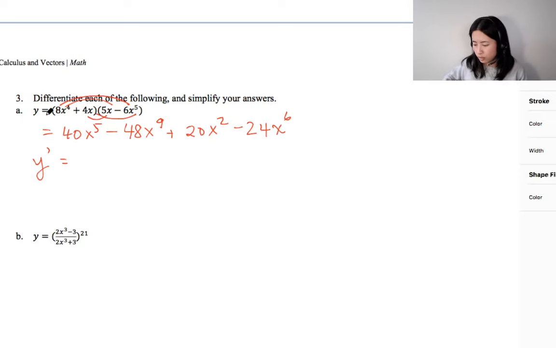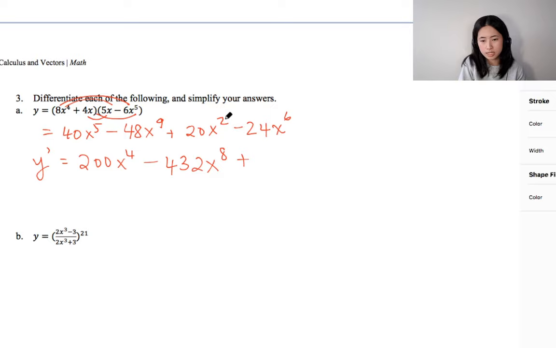Okay, let's go. This is 40 times 5, so that would give us 200x raised to the power of 4. And then you have minus 48, so negative 48 times 9 would give us negative 432x raised to the power of 8. And this is going to be plus 20 times 2, that's 40x.